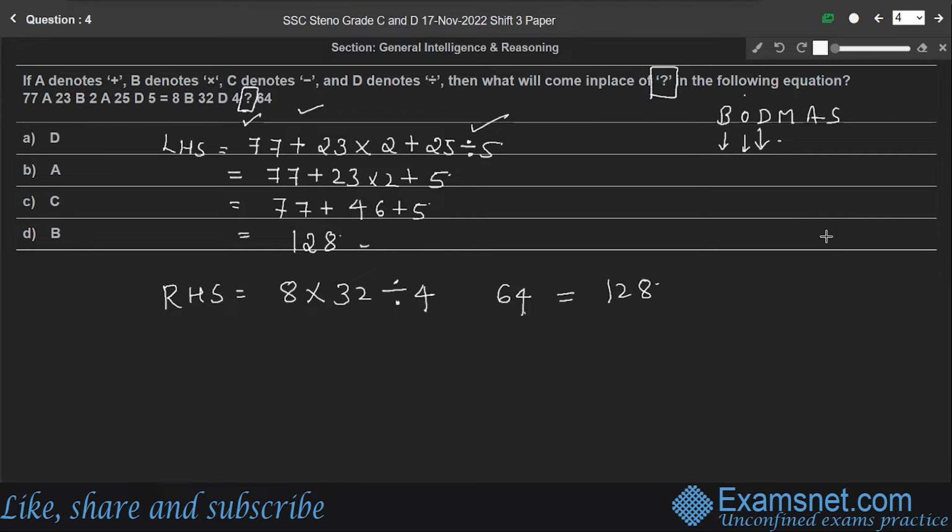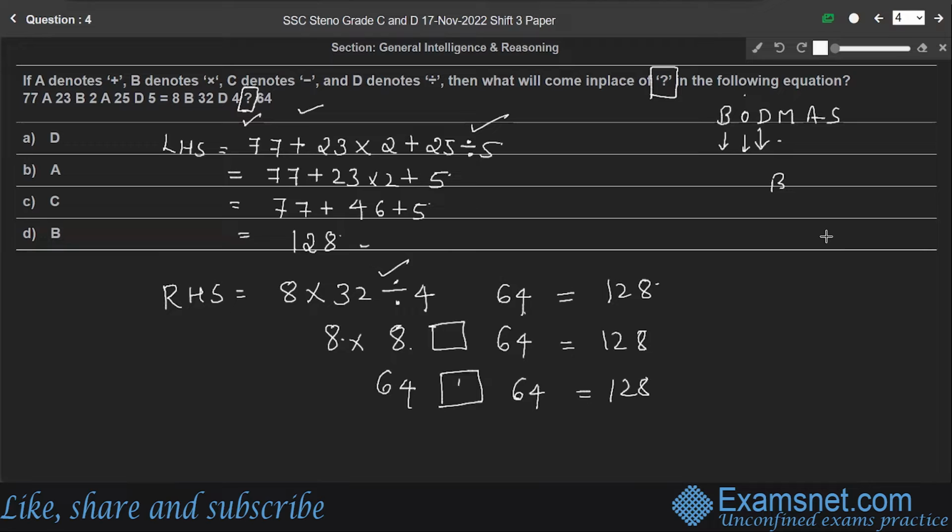According to BODMAS, let's start with the division: 32 by 4 is 8. So 8 into 8, after division multiplication comes, so 64, blank, 64 is equal to 128. If you add 64 and 64, then only you will get 128.